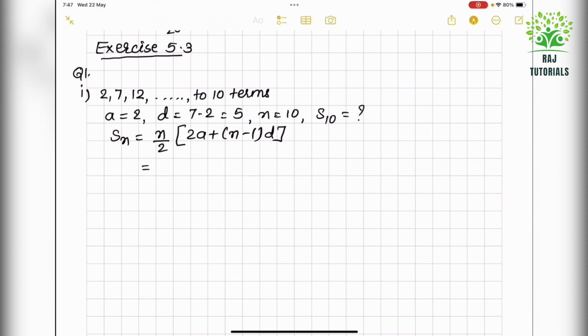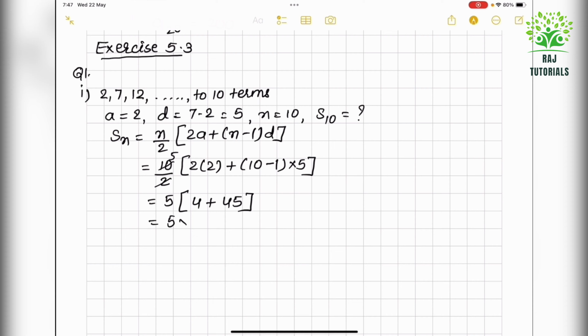So, putting the values, 10 by 2 into [2 into 2 plus (10 minus 1) into 5]. So, solving that, 5 into [4 plus 9 fives are 45], 5 into 49, that is 245.